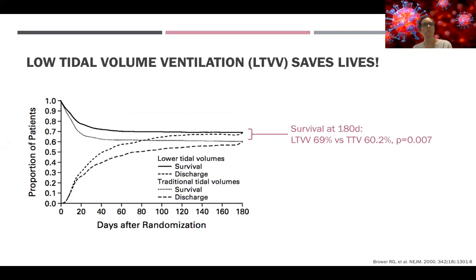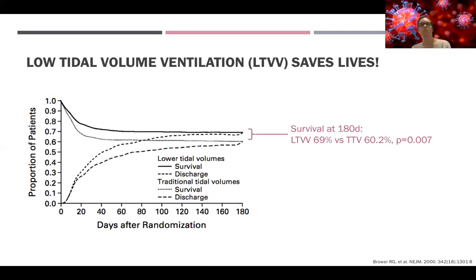The reason for this is that low tidal volume or lung protective ventilation saves lives. This is from a paper in 2000 of about 800 patients with ARDS from the ARDS Network trial. You can see here that survival at 180 days was significantly different between these two groups.